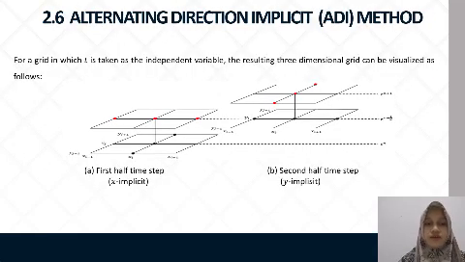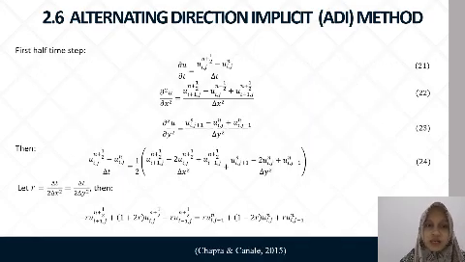For a grid in which t is taken as the independent variable, the resulting three-dimensional grid can be visualized as follows. For step 1 of ADI, we can see the time derivative and the derivatives in dimensions x and y, which then become equation 24.